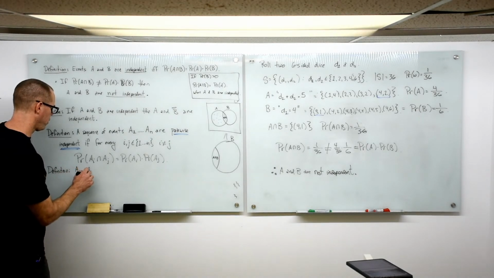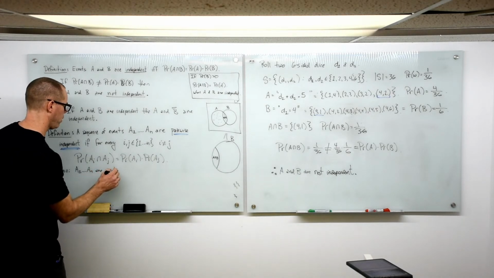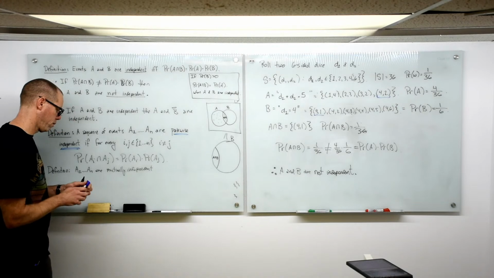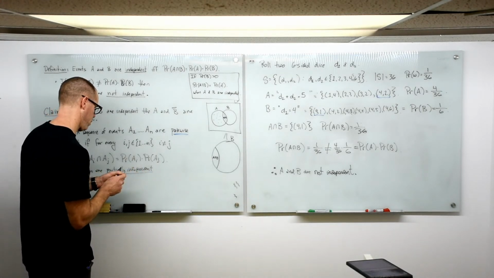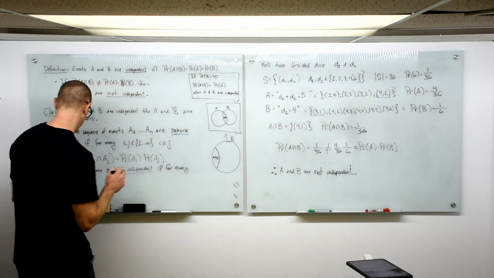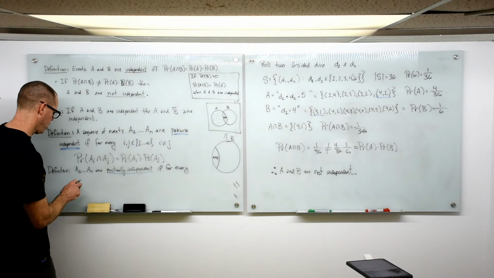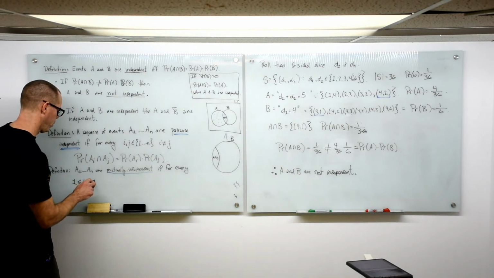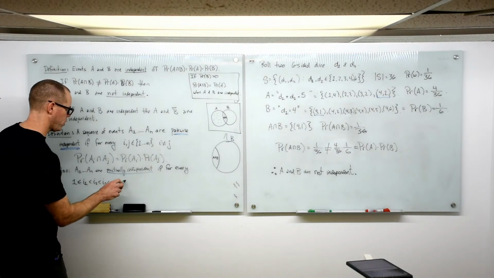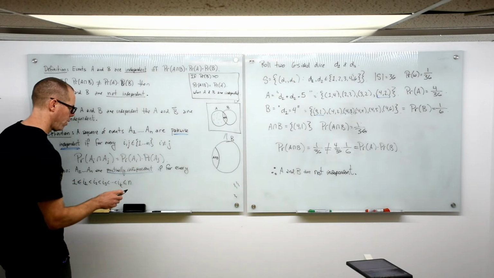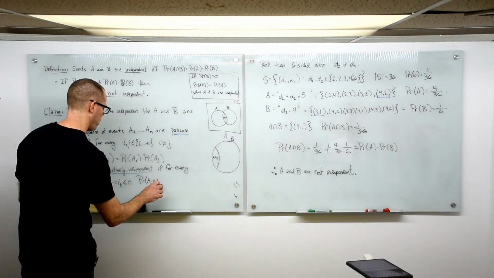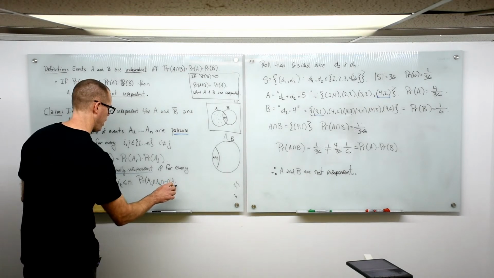Which is that I say A1 through AN are mutually independent if for every sequence of integers I1, which is smaller than I2, which is smaller than I3, which is smaller than IK, which is smaller than or equal to n, the probability of AI1 and AI2 and so on all the way up to AIK.